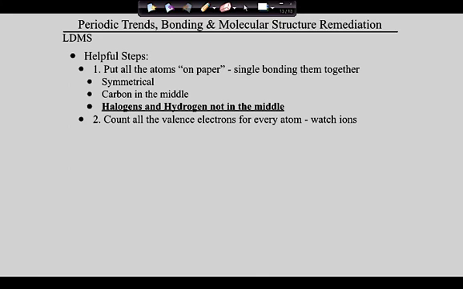The next thing that we need to do then is we need to count all the valence electrons for every atom, and when we do that, watch out for ions. If we have an ion, it will change the number of valence electrons. Once we have all of this done, we will then spread any unused valence electrons around the molecule.